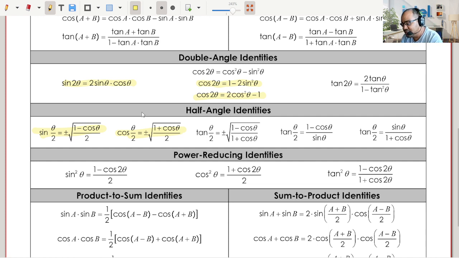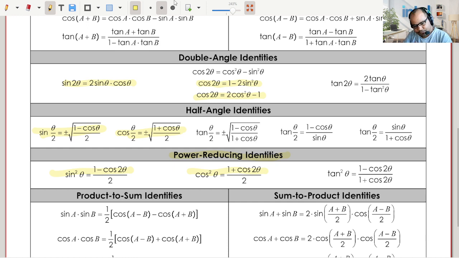Now, these power-reducing identities just come from rearranging the half-angle formulas, but we do need these. We do need the sine and cosine ones, okay? Notice that in the sine and cosine, the sign in front of the cosine 2 theta term does matter. When changing from sine squared to power reduce, you'll have a minus. Cosine squared, you'll have a plus, okay?